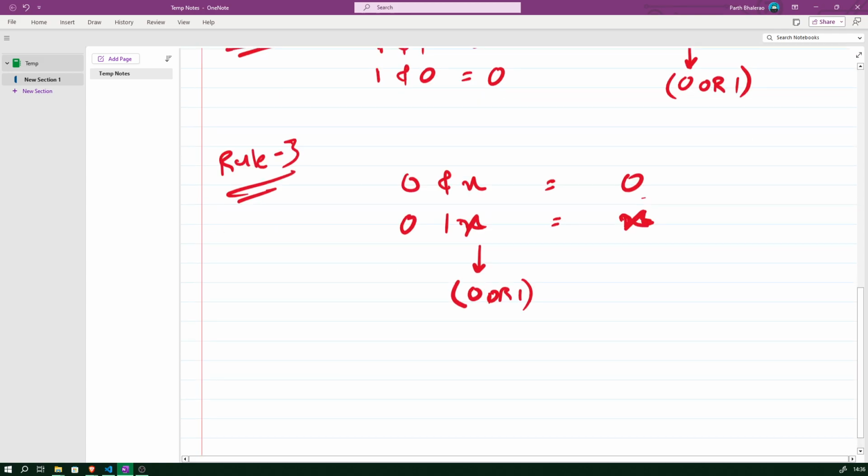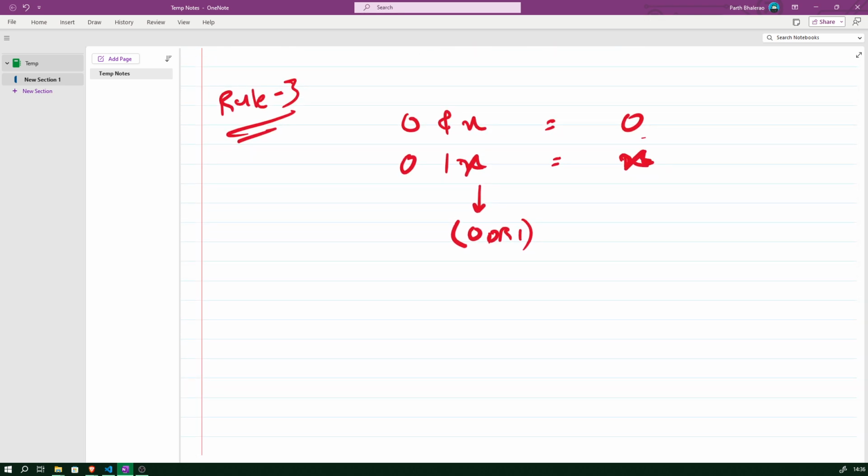Then rule number 4, which is also quite easy. What does the rule state?